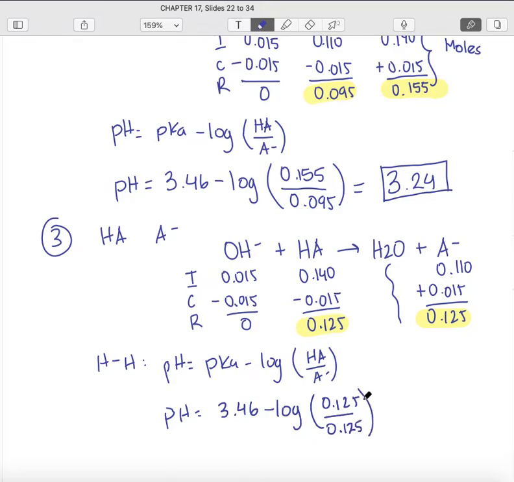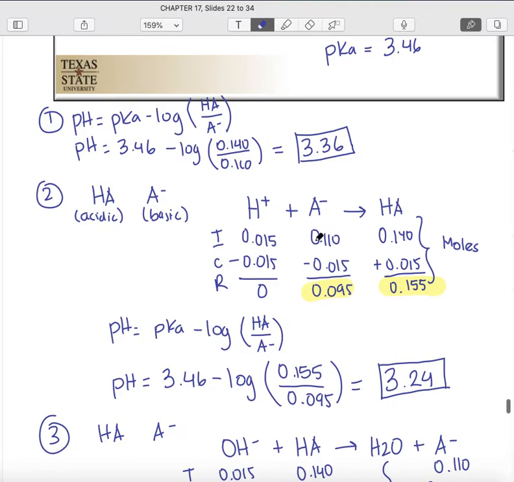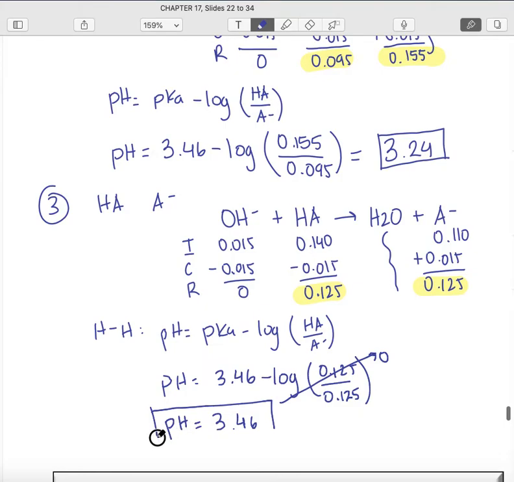And the log of 1 is equal to 0. So basically this whole thing in this particular problem is equal to 0. If we had different numbers here, you simply plug into the calculator and find what the value is. But for this particular problem, we ended up with the pH being equal to 3.46. And again, do a reality check. We started with a buffer that had a pH of 3.36 at the very beginning. And after addition now of a base, we expected that pH to rise by a little bit, and that's in fact what we saw. So we are done.